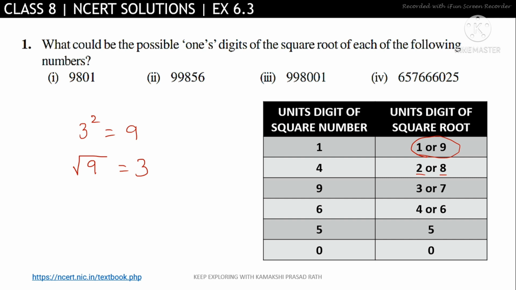If it ends with 9, its square root will end with 3 or 7. Similarly, if it ends with 6, the square root will end with 4 or 6. And if the square number ends with 5, the square root will end with 5. And if it ends with 0, its square root will also end with 0. So, following this pattern, let's solve the question.